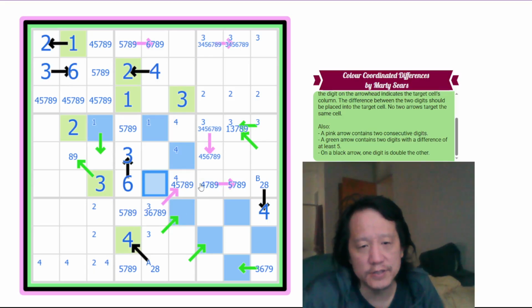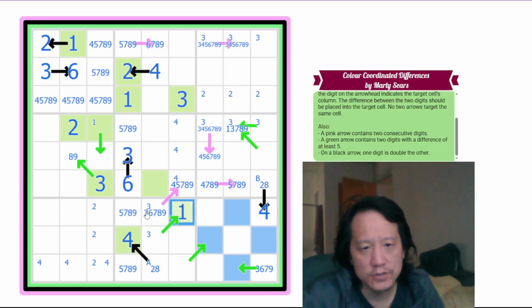So that means this, to equate to all of these, this has to be a targeted cell and is 1, which eliminates targeted cells here because they would both have to be 1, which means this has to be a 1 in a targeted cell, and this is 1 in a targeted cell. So this is 1, 1, and 1. That eliminates 1 from being there.